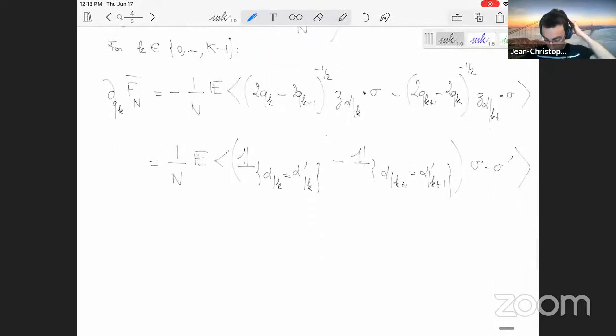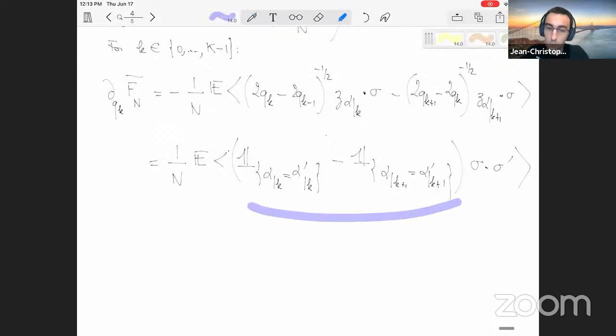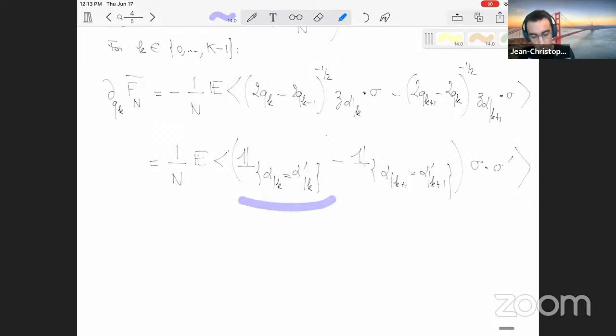Let me rewrite this a little bit. When is this term not zero? If we want the first term to be non-zero, it has to be that alpha and alpha prime coincide up to level k. And if I also want the second term to be zero, I have to make sure that alpha and alpha prime do not coincide up to level k plus 1.